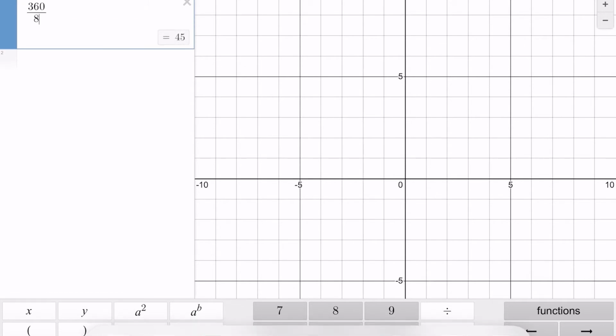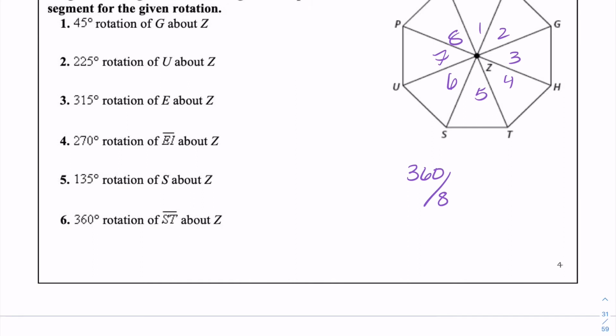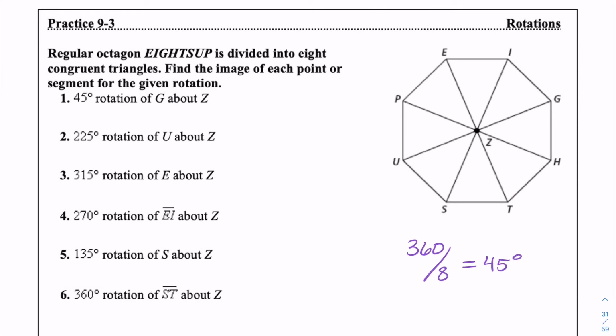Yep, 45 degrees. So each one of these is 45 degrees, and when I rotate these, each one is rotating 45, clockwise or counterclockwise, same thing. That means that G to H is 45, H to G is 45, and so on.